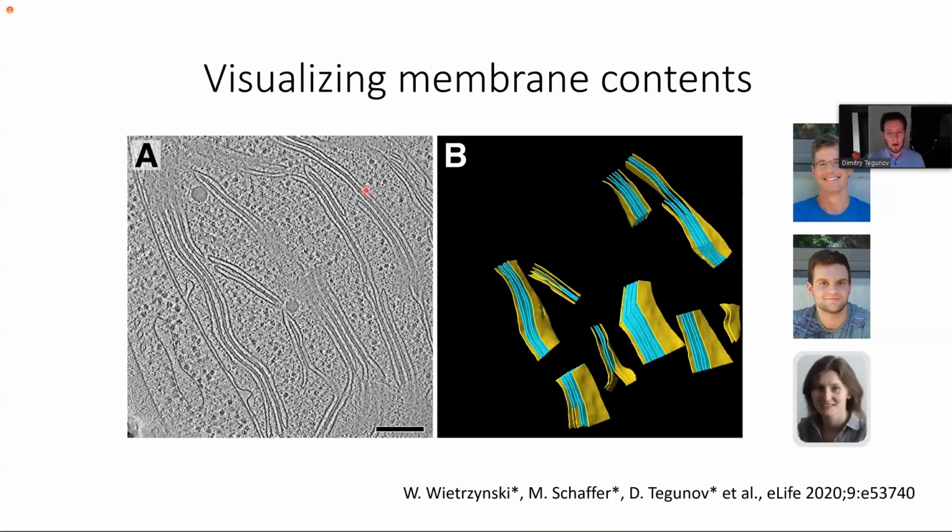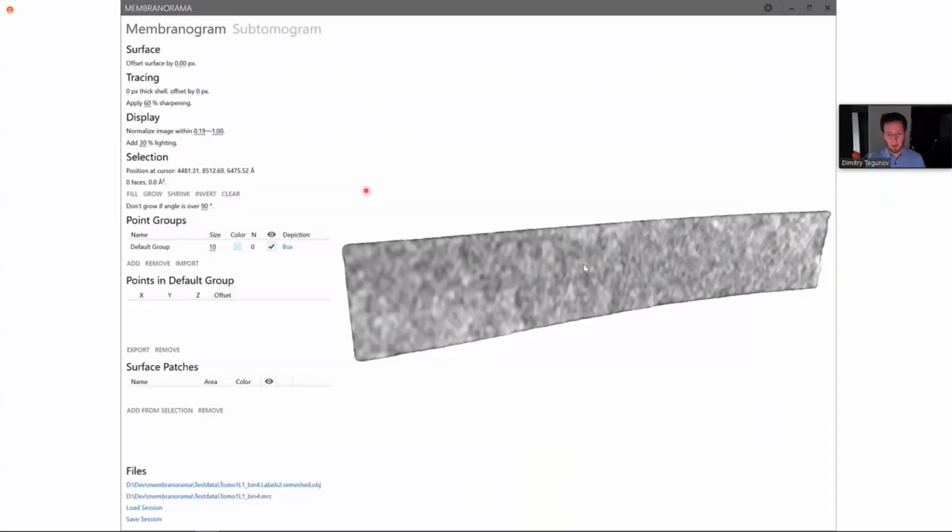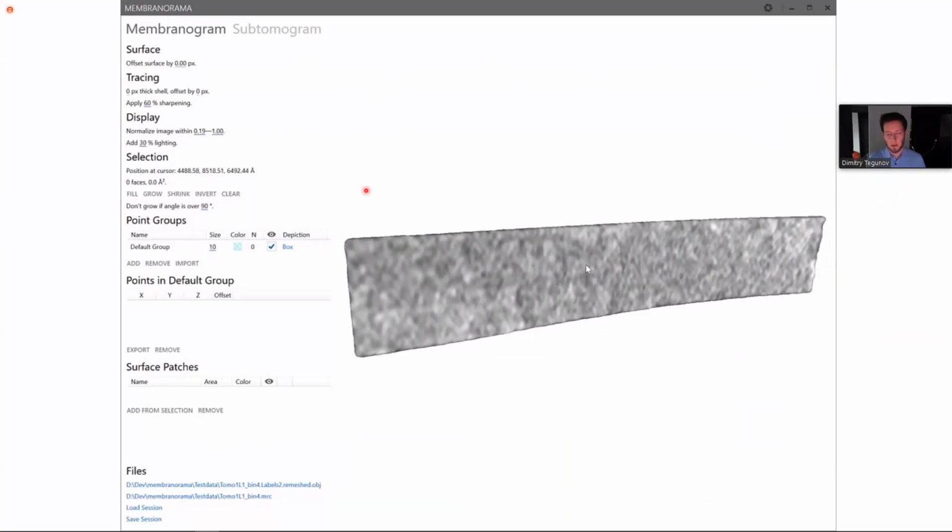Membranorama, and it lets you take a segmented membrane and then fully interactively project the local tomogram density onto this membrane surface.